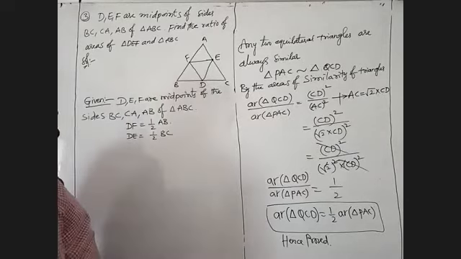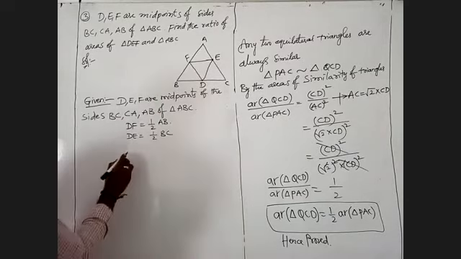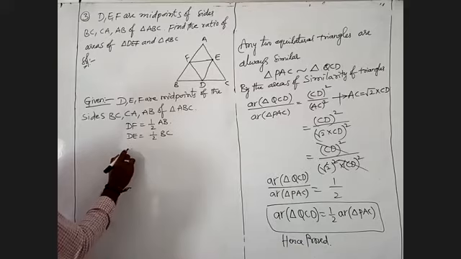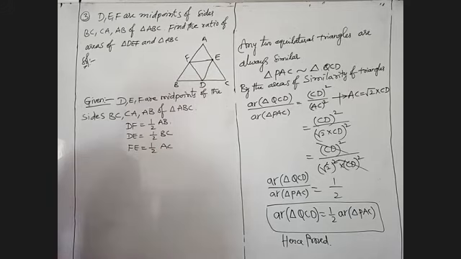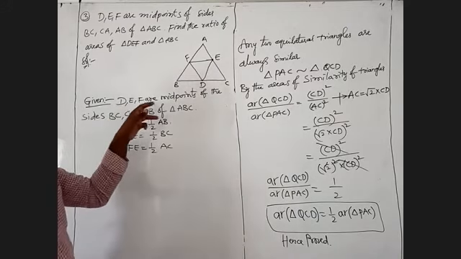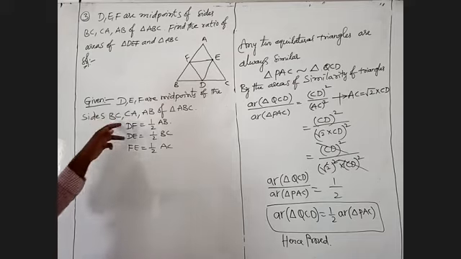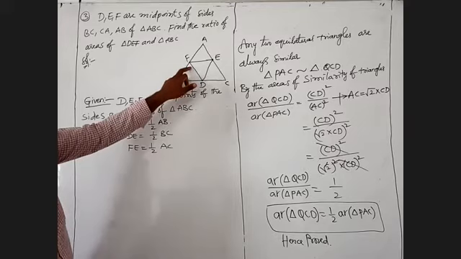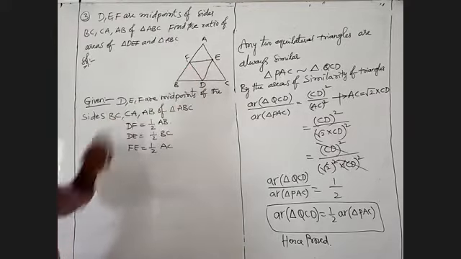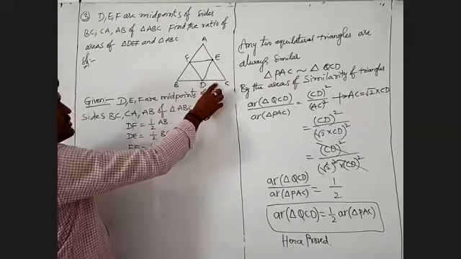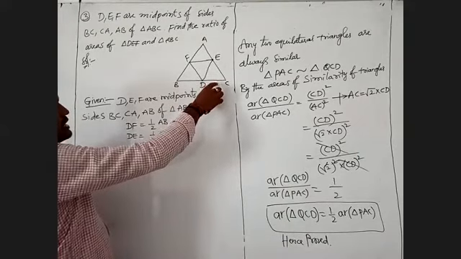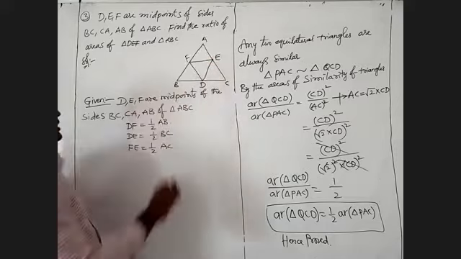After that, FE will take half AC. Why? Because D, E, F are the midpoints of BC, CA, AB of triangle ABC. DF is nothing but half AB. After that, DE is nothing but half BC. After that, FE is nothing but half AC.